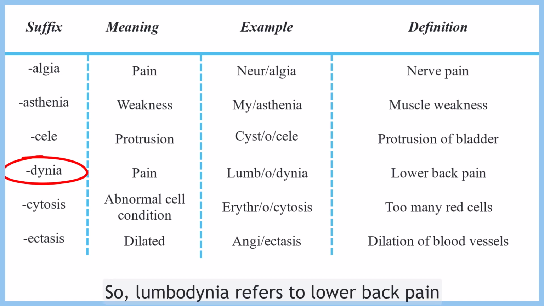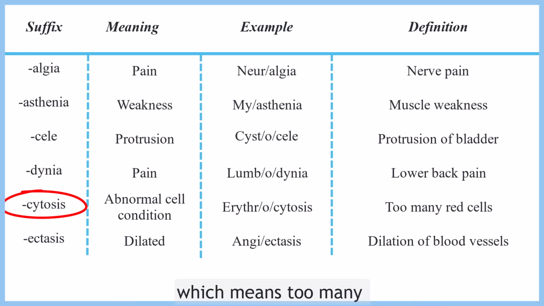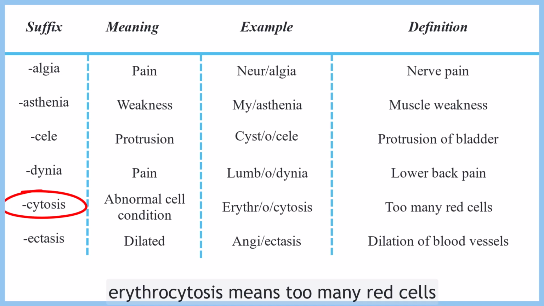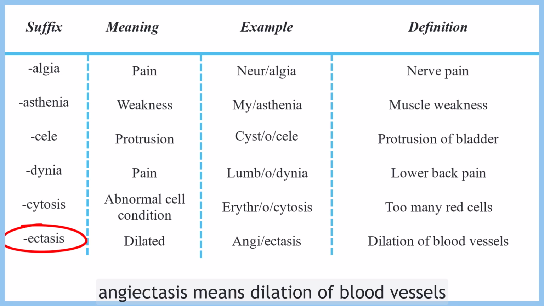So lumbodynia refers to lower back pain. Cytosis refers to abnormal cell condition, which means too many. Erythrocytosis means too many red cells. Ectasis refers to dilated. Angiectasis means dilation of blood vessels.